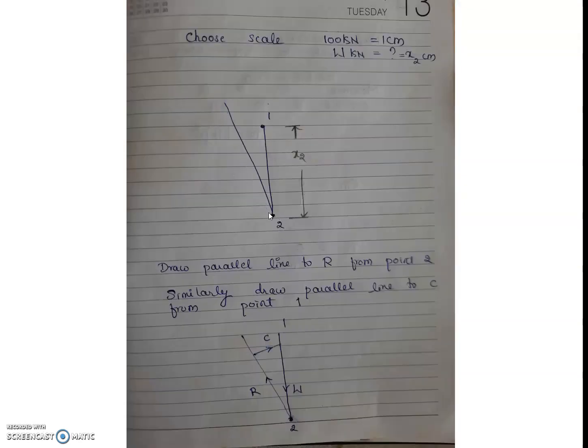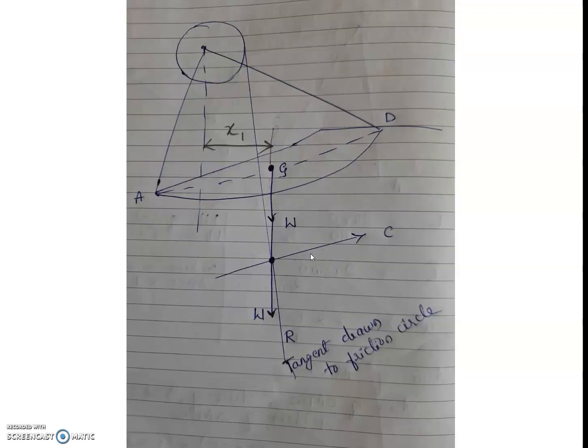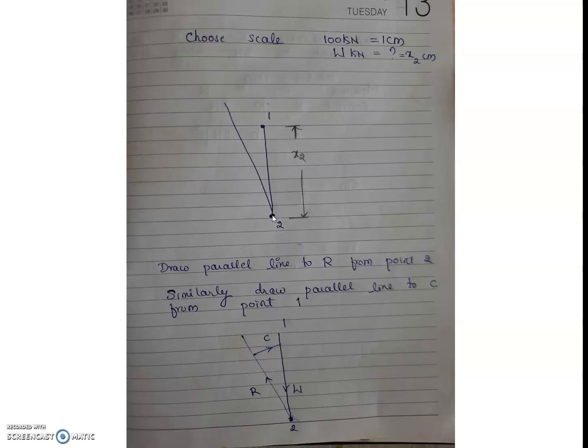So this is line R. Similarly, we will have to draw a parallel line from point 1 to the line C. So what we have done is we have drawn a parallel line to R from point 2 and a parallel line to line C from point 1. So this we will have to do with the help of the roller scale.